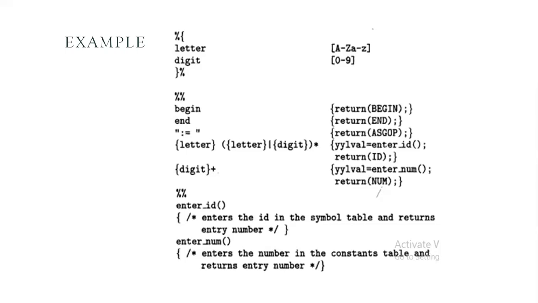If such a string is encountered and it is satisfied by the regular expression digit plus, then we call the method named enter_num. So yylval equal to enter_num and return num. What enter_num does is it enters the number in the constants table and returns the entry number. So this is the simple example of identification of ID and constant using a lexical analyzer generator.